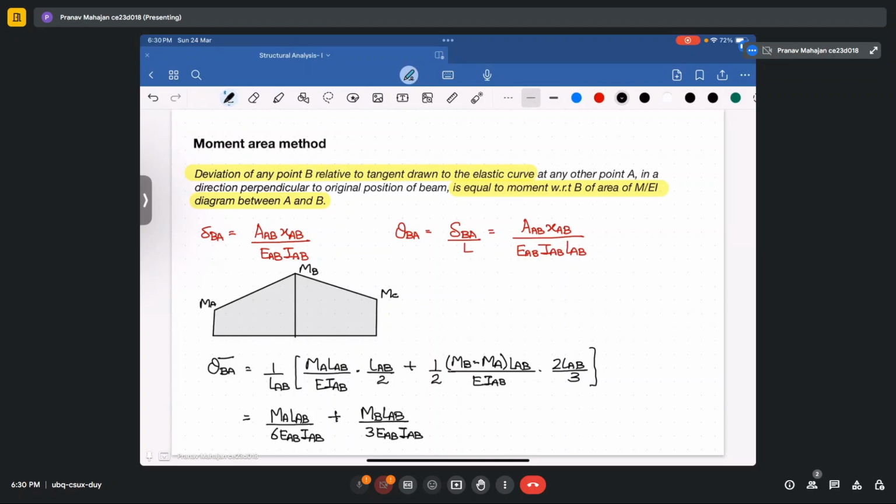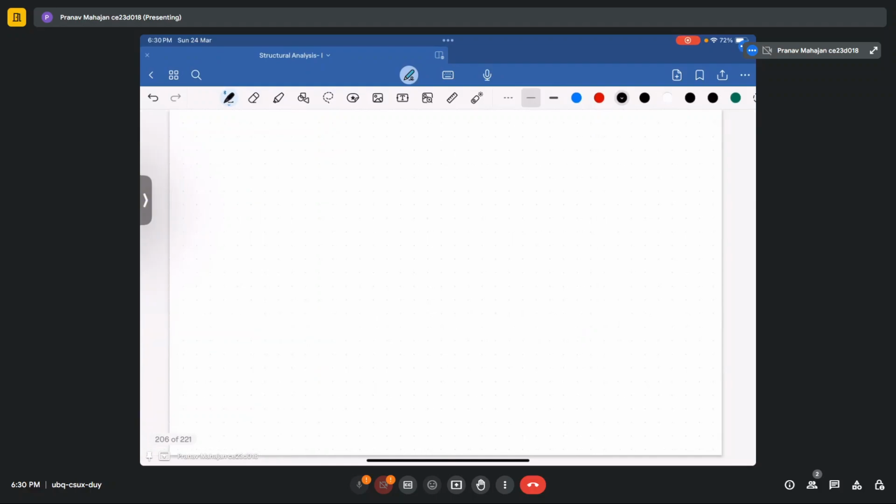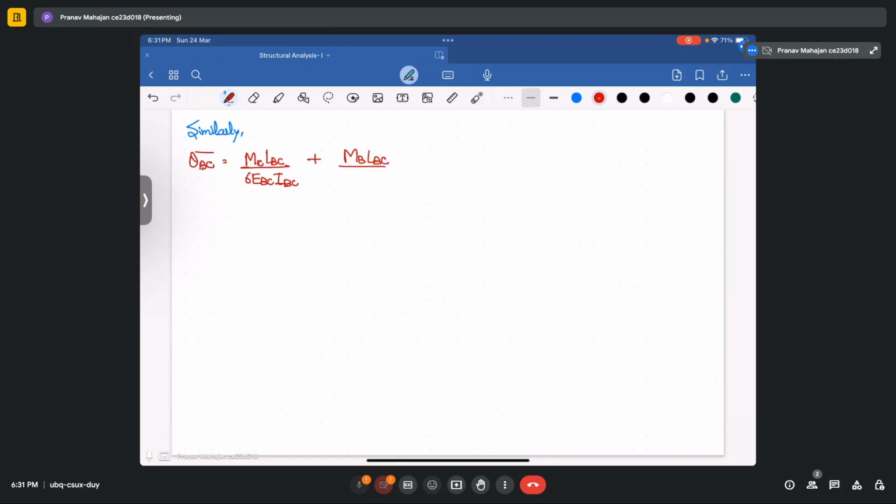Okay. So similarly, we can also derive for theta BC. And it will be also equal to MB, MC, LBC divided by 6 EI plus MB, LBC divided by 3 EI.